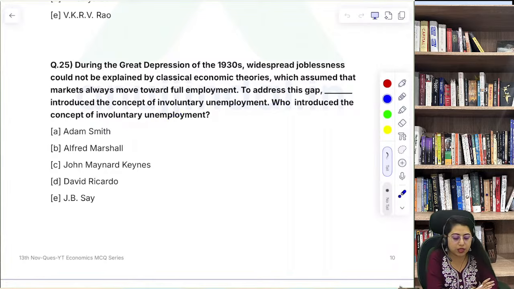ठीक है, पहले तो बता दीजिए, what is this involuntary unemployment? हाँ ठीक है, option number C is right. What is involuntary unemployment? Everyone. Definition, everyone.